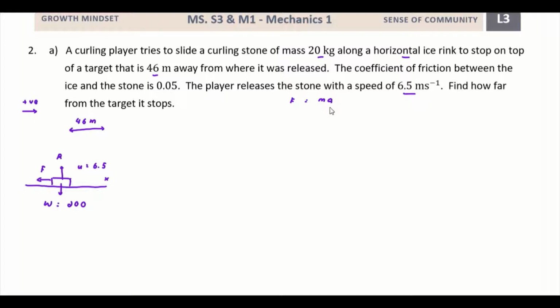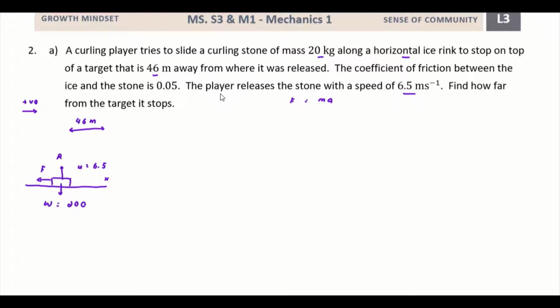So the question already did this for you: the acceleration at that time caused the stone to go from rest to the speed of 6.5. So when we attempt this question, the initial velocity is 6.5 but not 0. Where does this impact come from? It is actually from the force applied by the player.